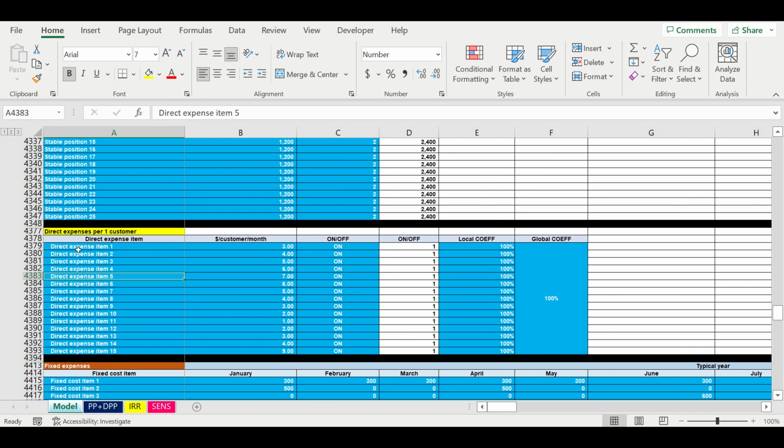So the reality is the following. The business owner starts adjusting the data here. Then he's looking at simple and discounted payback period. He's looking at financial efficiency, which is here: simple, discounted payback period, net income, net present value, internal rate of return, total financing needed.